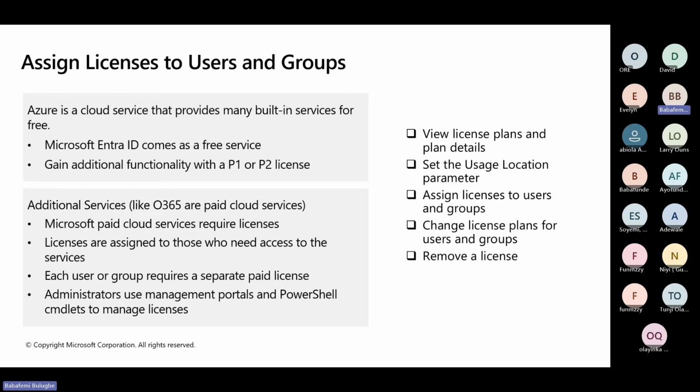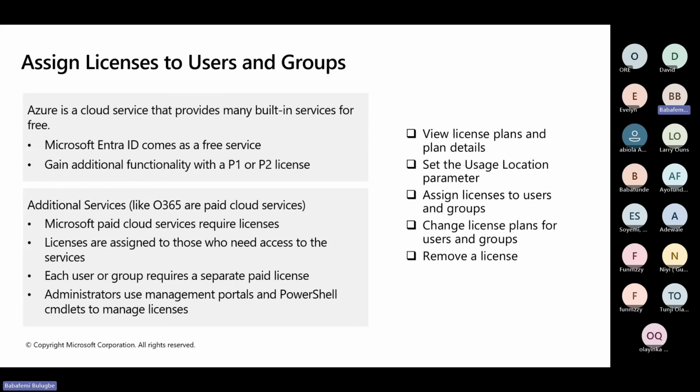For you to be able to do dynamic groups, like I said, you need at least Premium P1 assigned to that tenant. Also, to be able to perform self-service password reset, you need at least a P1 assigned to that tenant. So we have Office 365 licenses that need to be assigned.